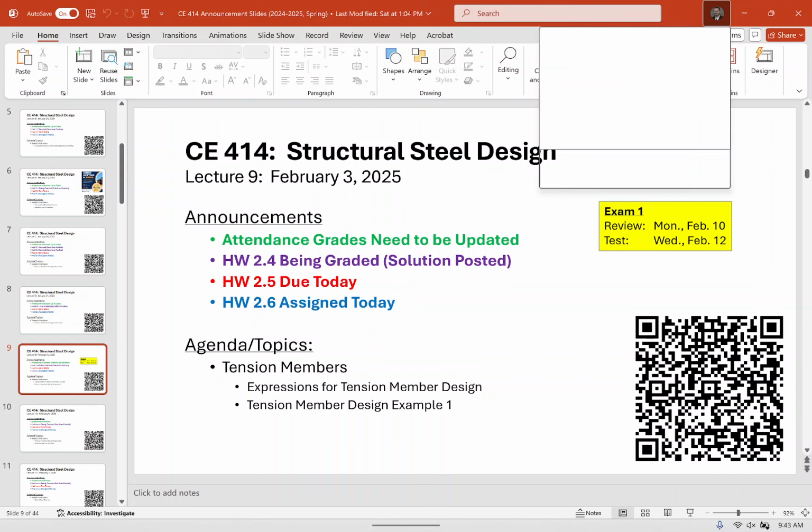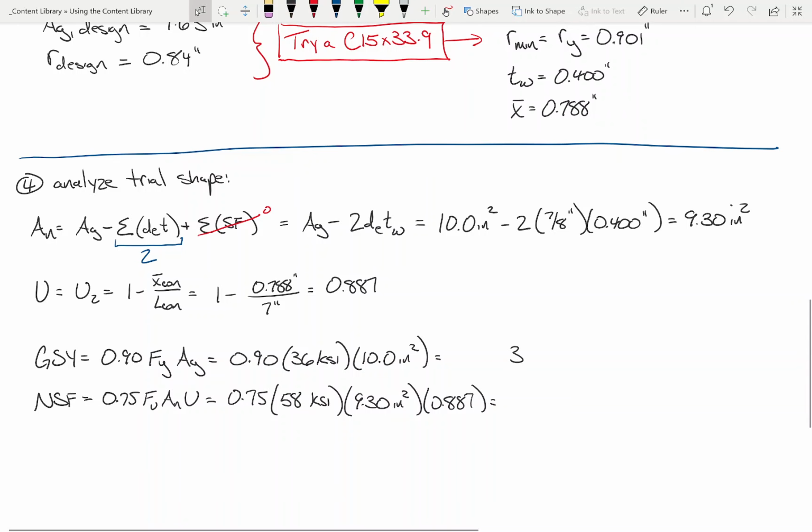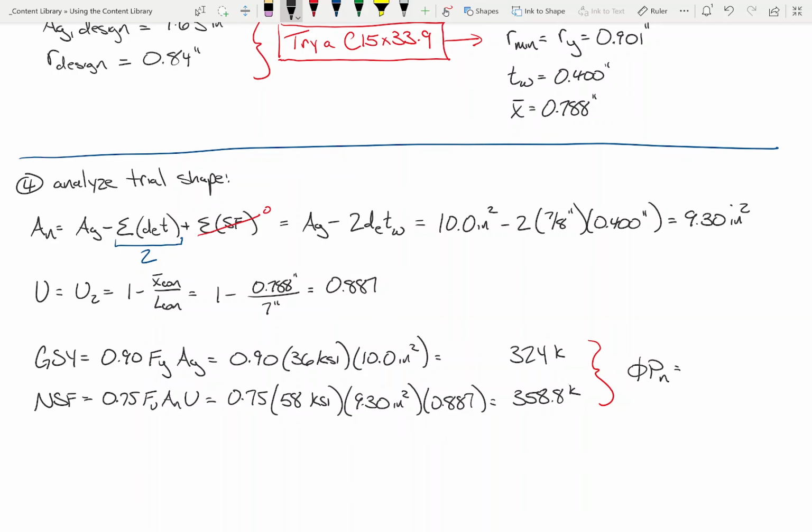Oh, I don't know what happened there. What about the NSF? What is that going to be? 358.82. 358.8. Yeah. Second on that? So between these, what's my capacity? 324 kips.